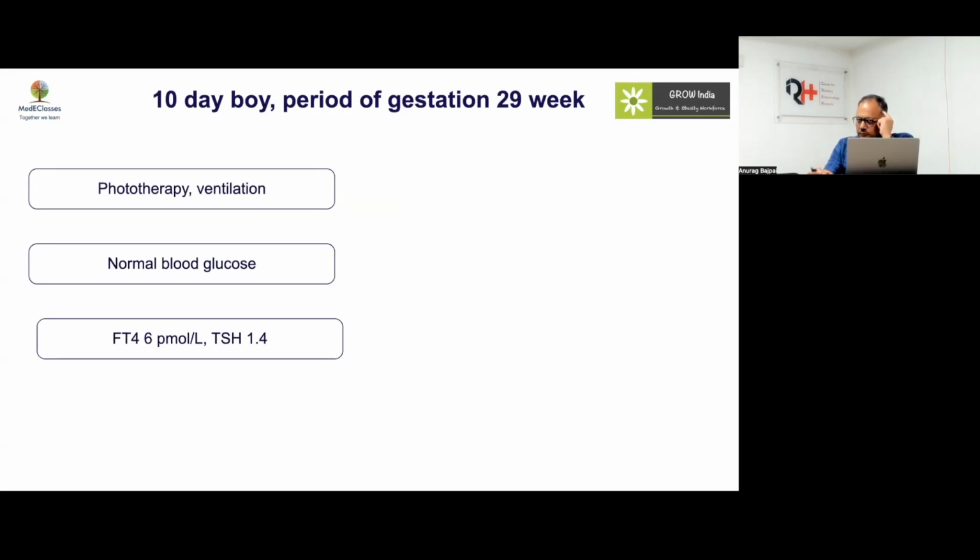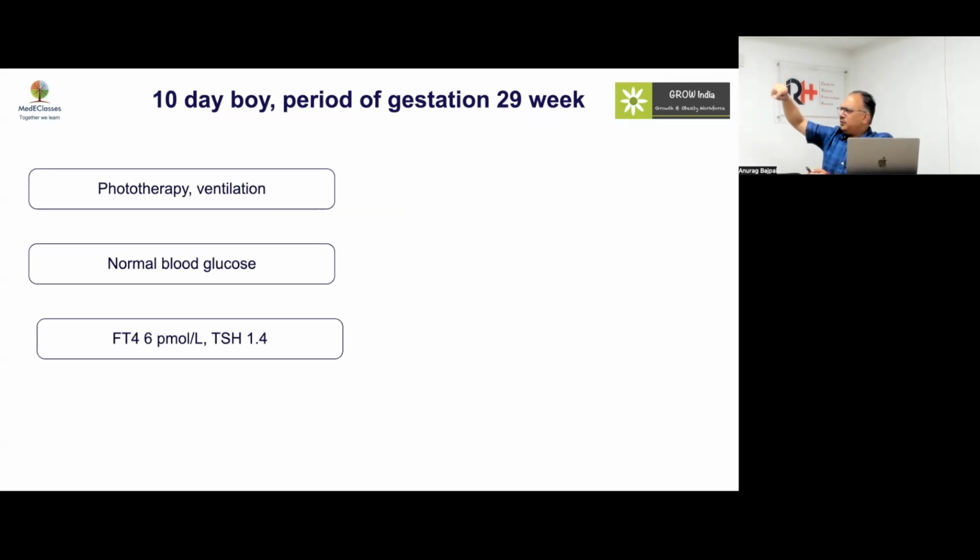Yeah. So you will think that this could be a non-thyroidal illness. Anything else considering a very, very premature gestation in this scenario as well? Yeah, so this could also be a transient hypothyroxinemia of prematurity. So it is because of sickness, but also because the child has come out early. As we have seen already, the thyroid hormone levels will go up gradually.